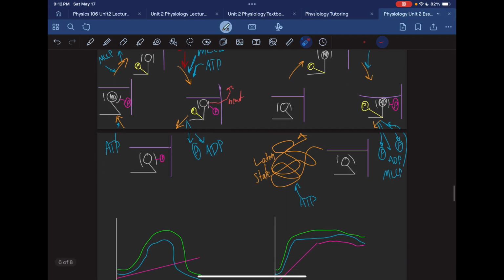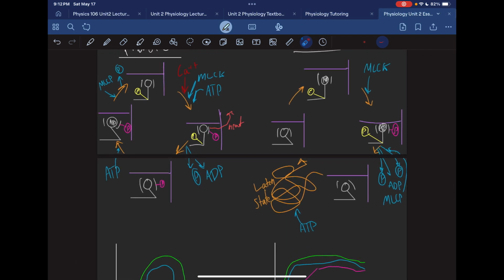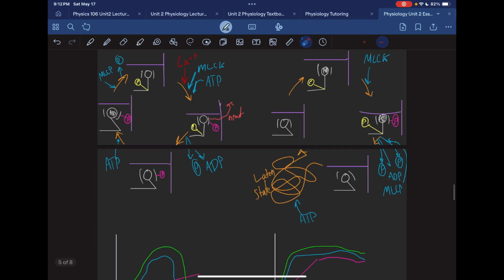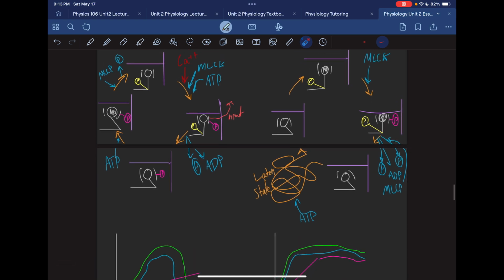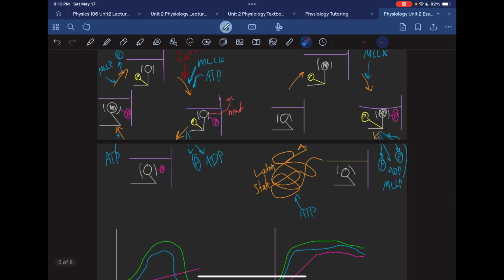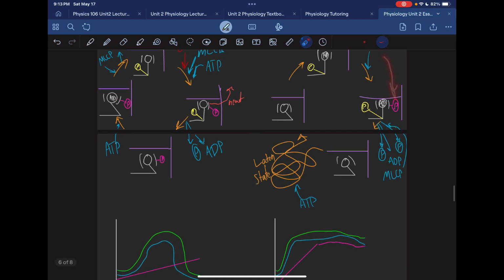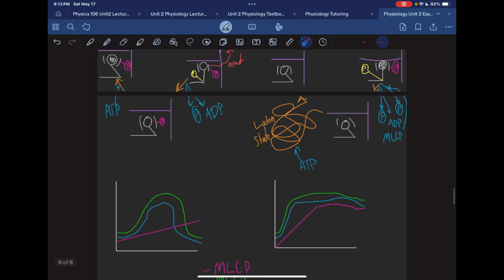Sorry, I didn't even need to look at my notes. I remembered. So this is the tonic Crossbridge, and as we see here, we start with an ADP, and then ADP on the myosin head with a phosphate. Then we see MLCK, which is kinase, right? So it's going to phosphorylate and put another P on the light chain.